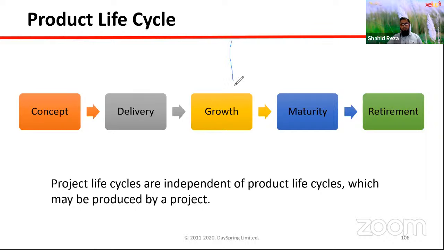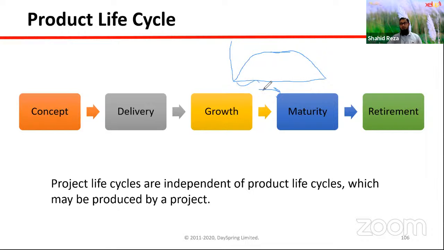If I draw graphically, if this is the time, what happens? The product starts growing, at some stage it matures. When it matures, then it extends the line, and after some time it starts declining. The demand for that product becomes less in the market, and after some time it is retired from the market.